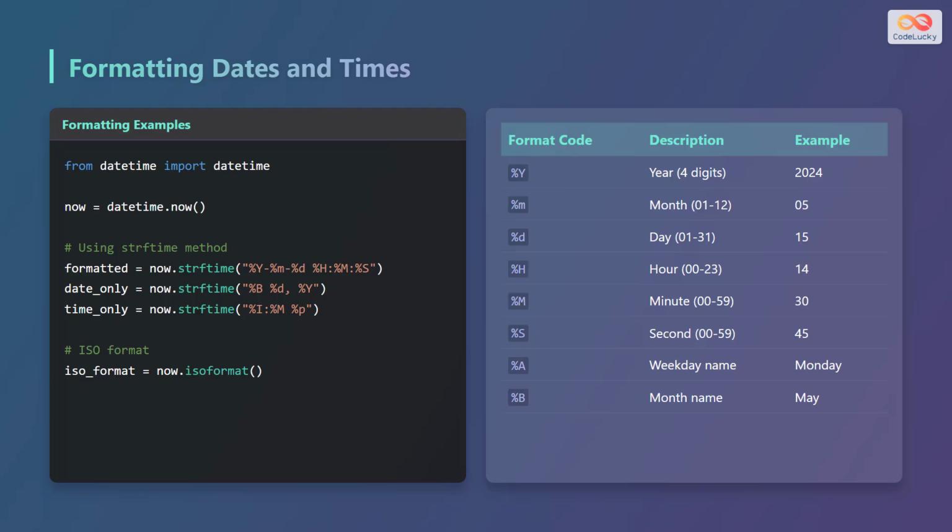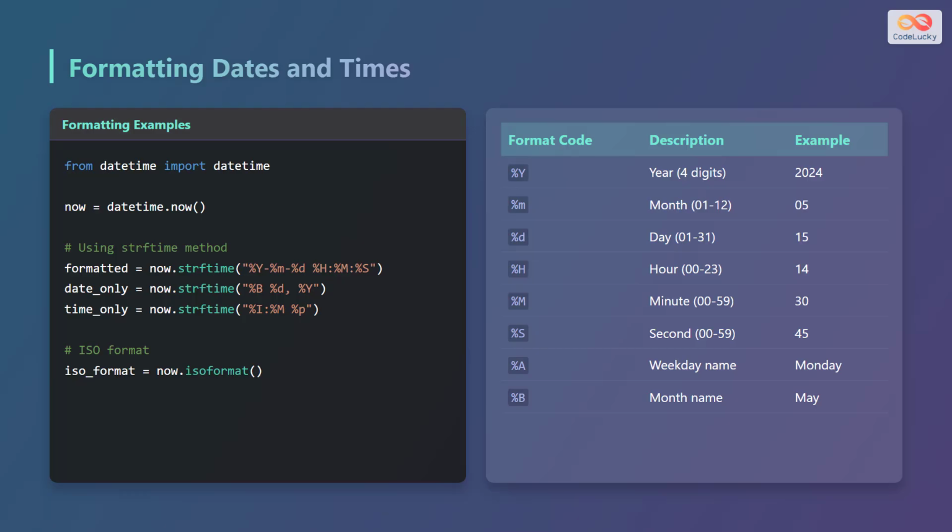To format the date only as month, day, year, use now.strftime with %b %d, %Y. To format the time only as hour, minute, AM or PM, use now.strftime with %I:%M %p. You can also use the ISO format method to get the date and time in ISO format.